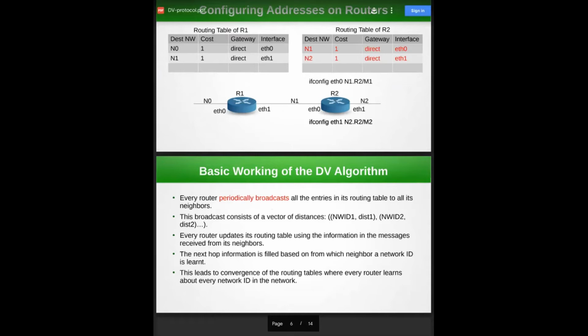But supposing you had more interfaces on R1, then on every interface you will advertise all the entries in your routing table, and this is done periodically. This broadcast consists of a vector of distances. So you give the network ID and the distance to it from you. And what is the distance? That is the cost that we have here.